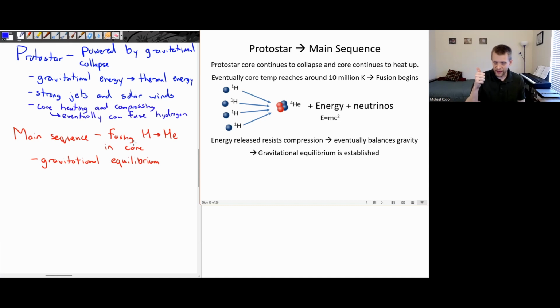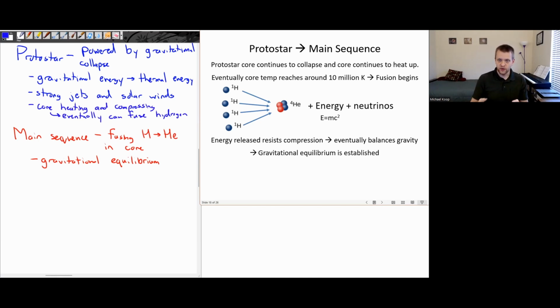Because at that point, we would have hydrogen being fused into helium in the core, but that first reaction is probably not going to achieve balance in the star yet. So that core is going to continue to collapse, that fusion rate is going to continue to increase, and eventually, the energy that's produced by the core is going to provide enough thermal pressure to balance out that gravitational collapse.